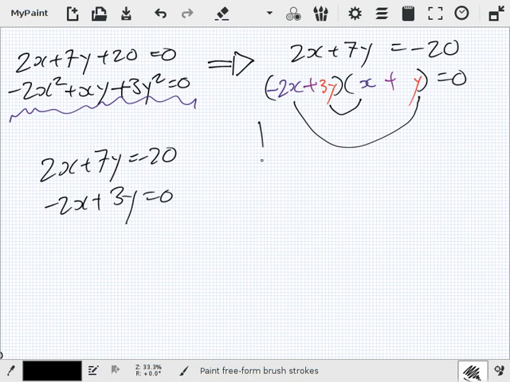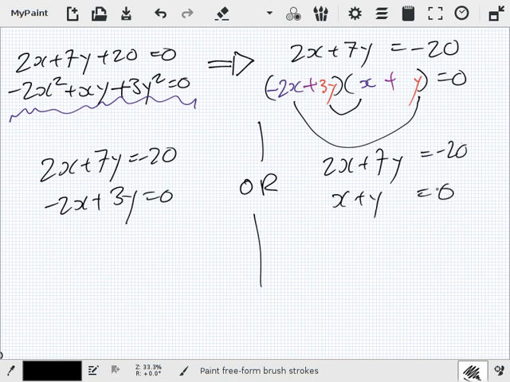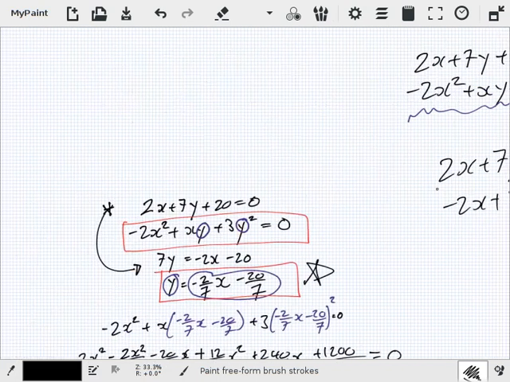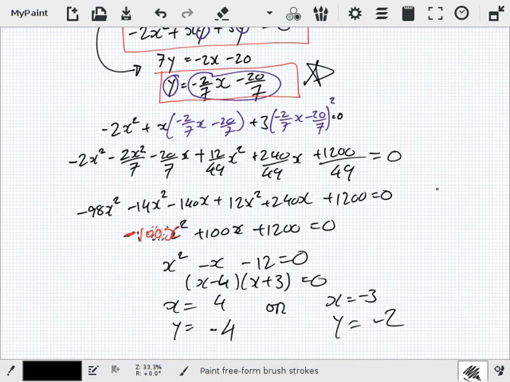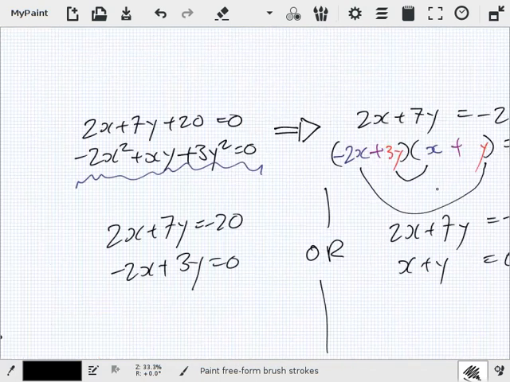But there's a second possibility: 2x plus 7y equals minus 20, and x plus y equals 0. Now this is interesting because we have two possibilities, we'll have two answers, which is exactly what you expect, because previously, when we did this, we got two answers. So let's see if we get the same answers.